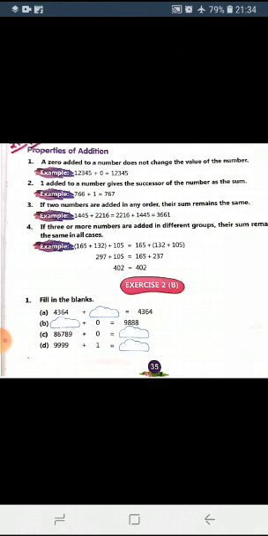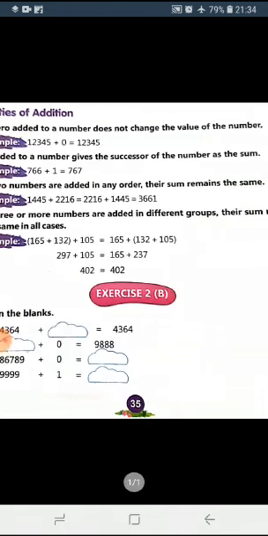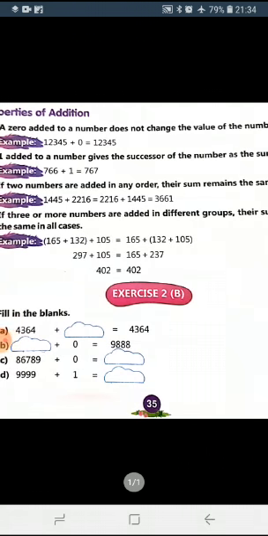Fine. So the first property is: a zero added to a number does not change the value of the number. Okay, this is the first property, that when you add 0 to a number, you will get the same number as the answer.